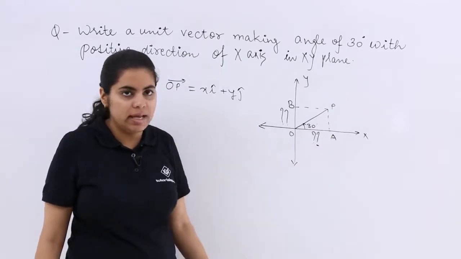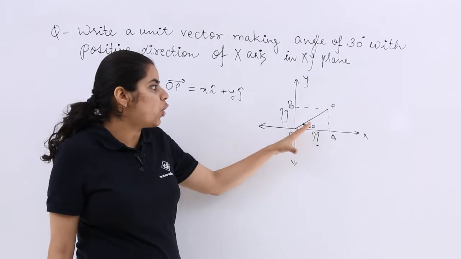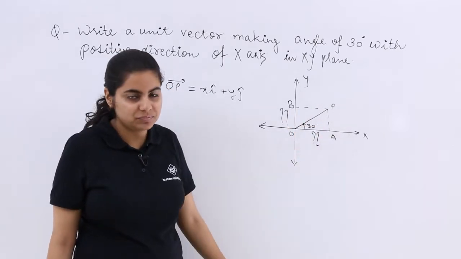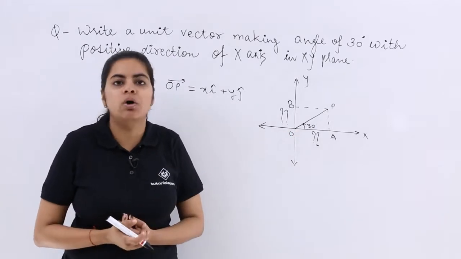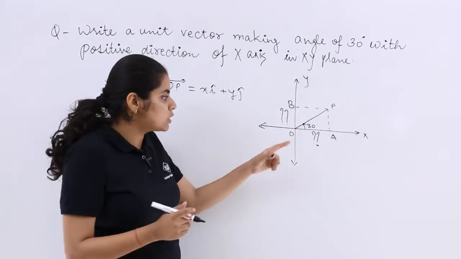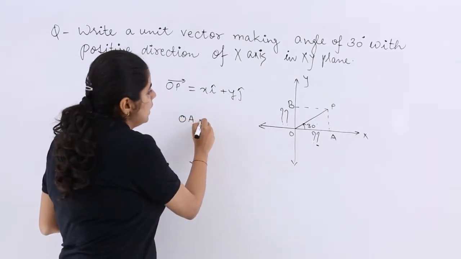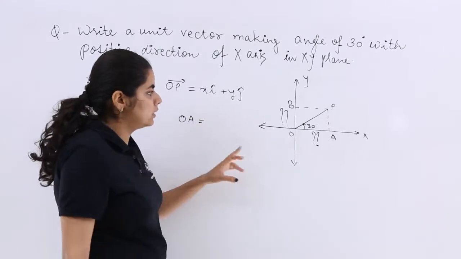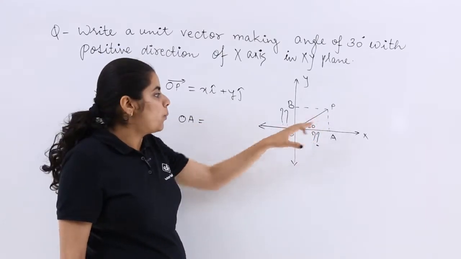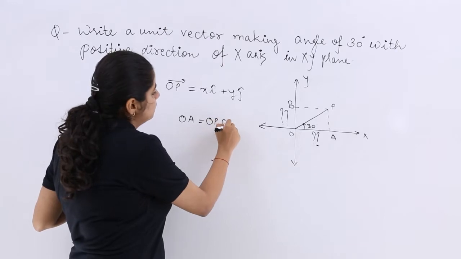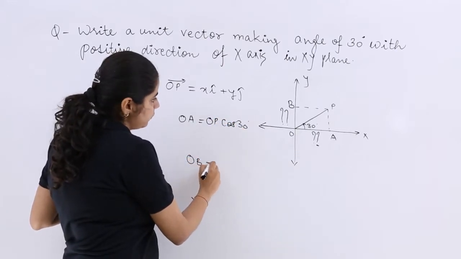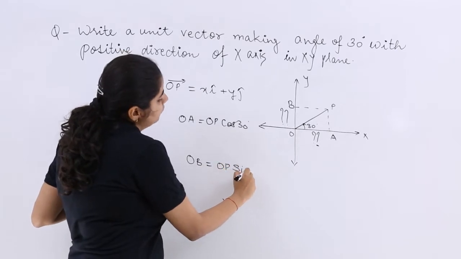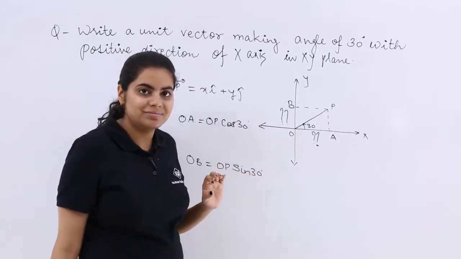Now, this OA is actually a part of this triangle OAP. Now, if you forget vectors, this is simply a question of trigonometry. So, what is OA? It is basically OP cos 30 degree. And what is your OB? It is equal to OP sin 30 degree.